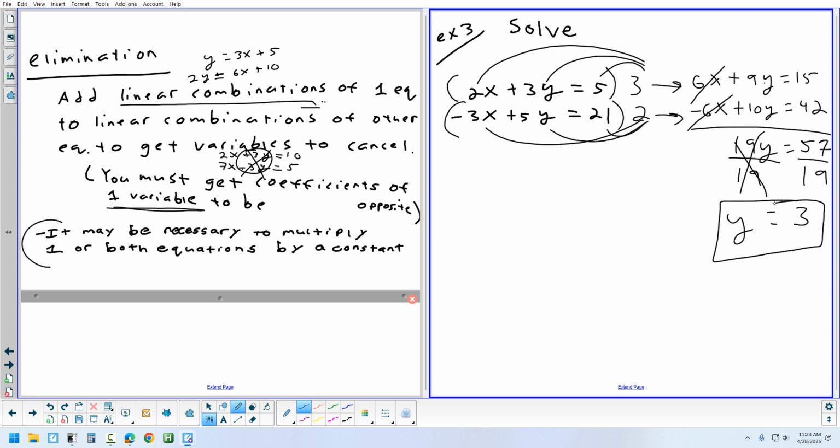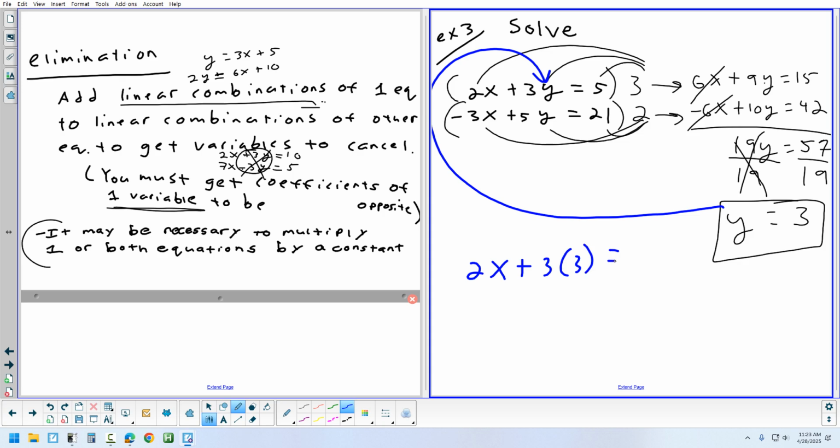So we're going to take y equals 3, and we're going to fill it back in right there. So it's going to give me 2x plus 3 times 3 equals 5. Okay. I just changed the y to a 3. That's all.